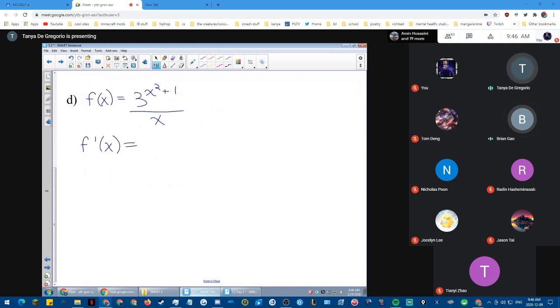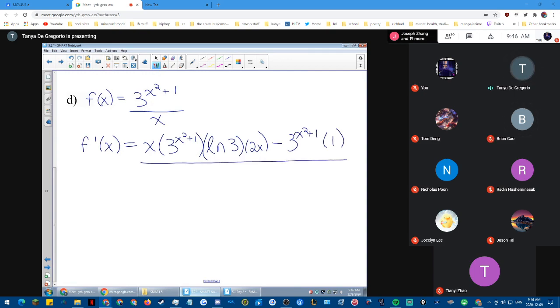X times 3 to the power x squared plus 1 times ln of... careful, ln of 3. Yes. Beautiful. Times the ln of 3, and then times 2x. Beautiful. And then minus 3 to the power of x squared plus 1 over x squared. Good. All over x squared. Excellent.